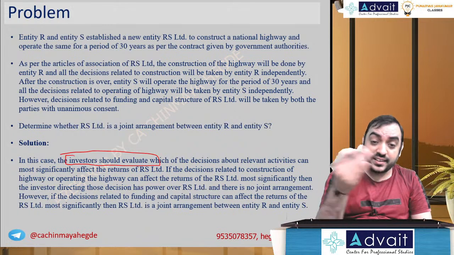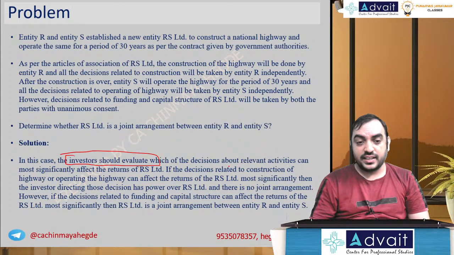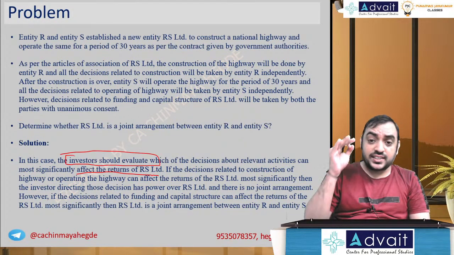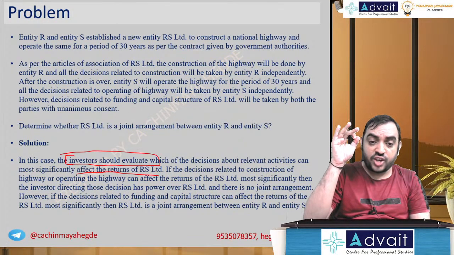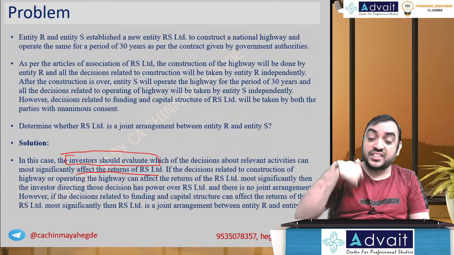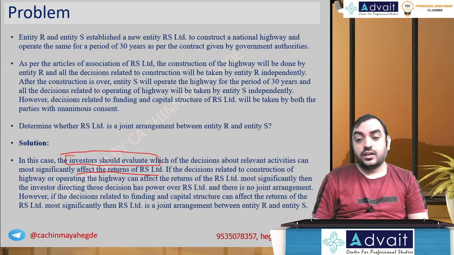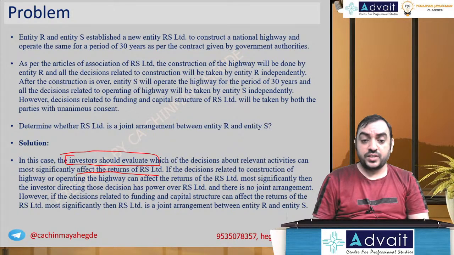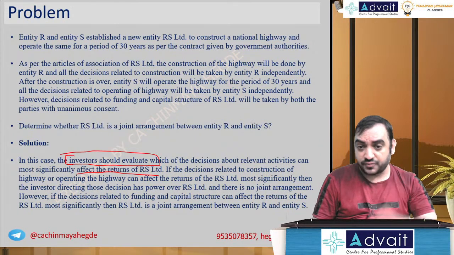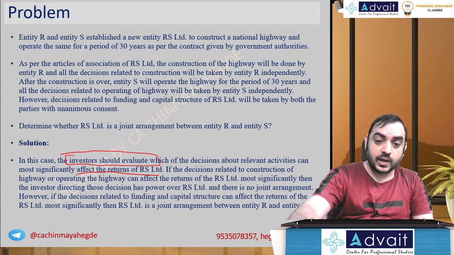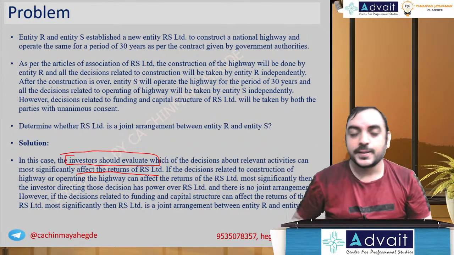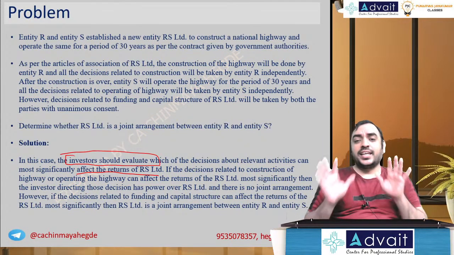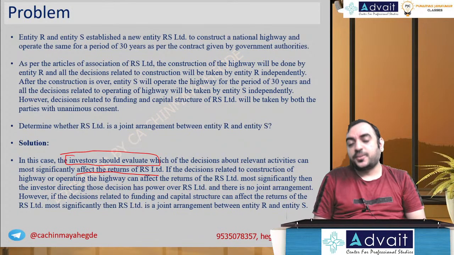Investors should evaluate which relevant activities can significantly affect the returns of RS Limited. If the decisions relating to construction or operating of the highway affect the returns of RS Limited more significantly, then the investor directing those decisions has the power and there is no joint arrangement. If the decisions relating to funding and capital structure affect it more significantly, then RS Limited is a joint venture between entity R and entity S. So they are giving a situational answer.